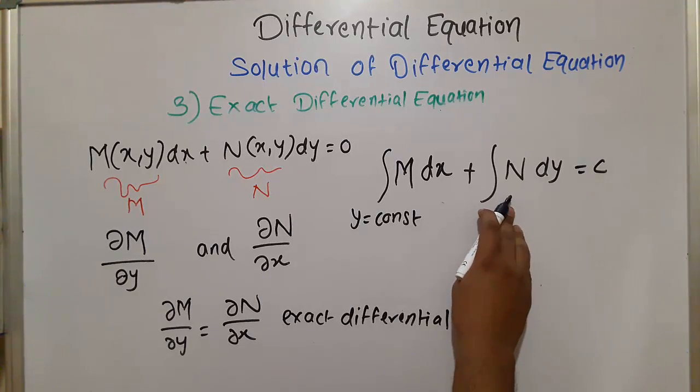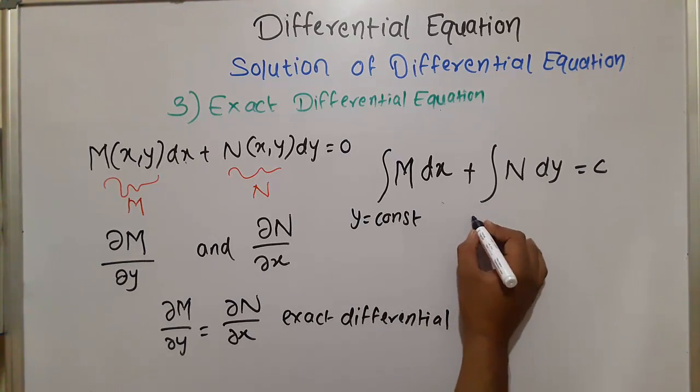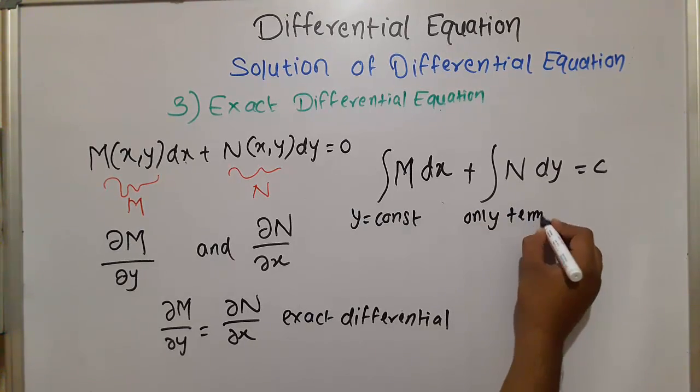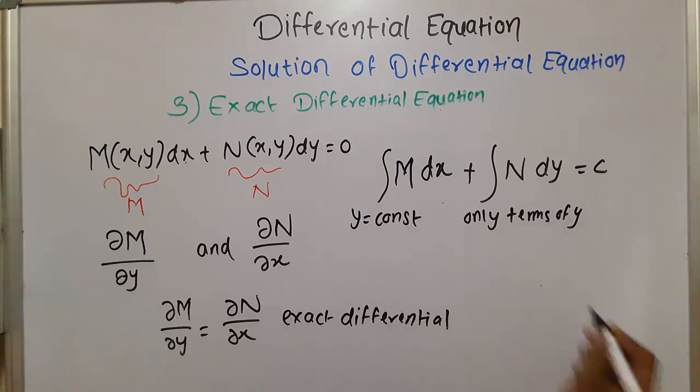But while taking N, we take only the terms of y; we neglect the terms having x. I will explain with the help of an example.